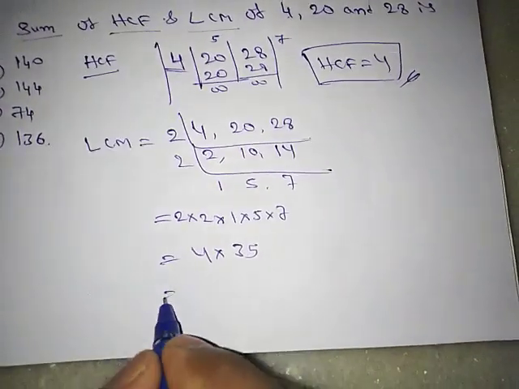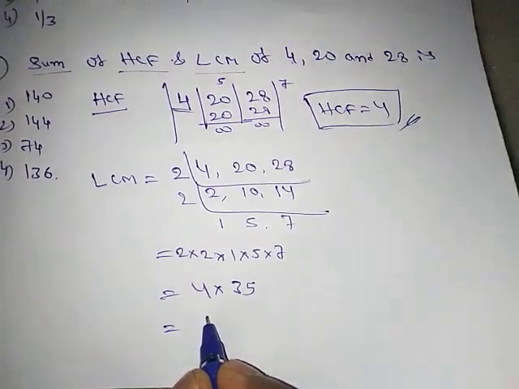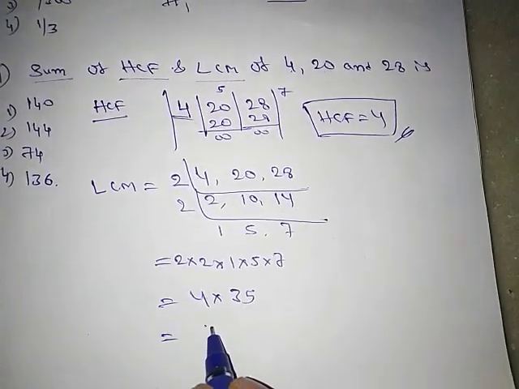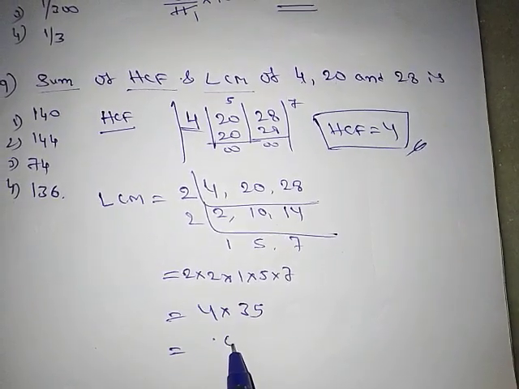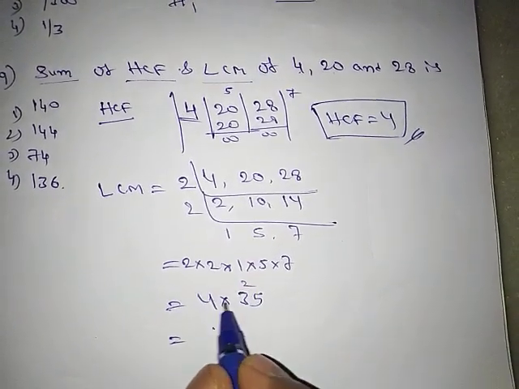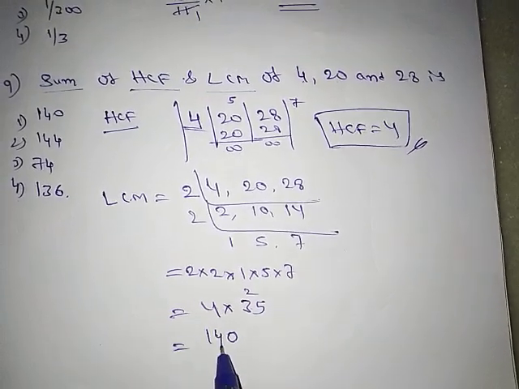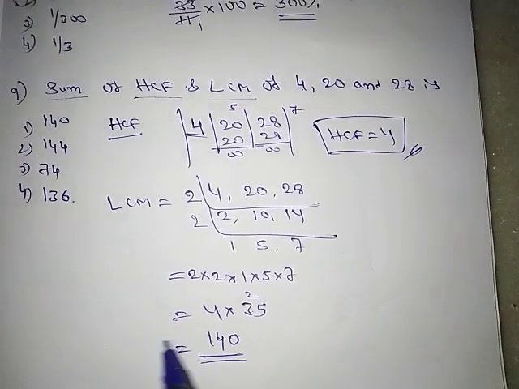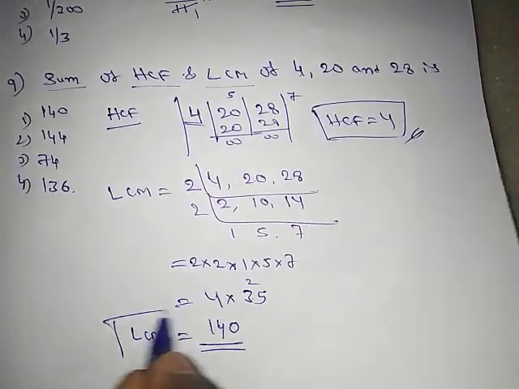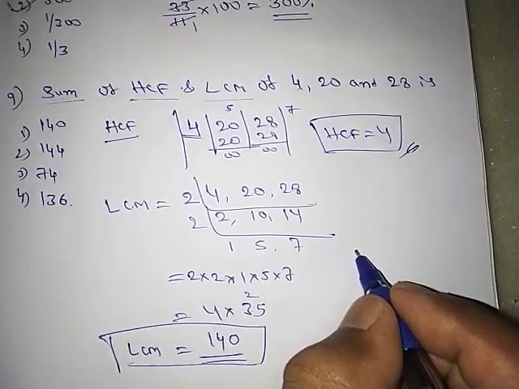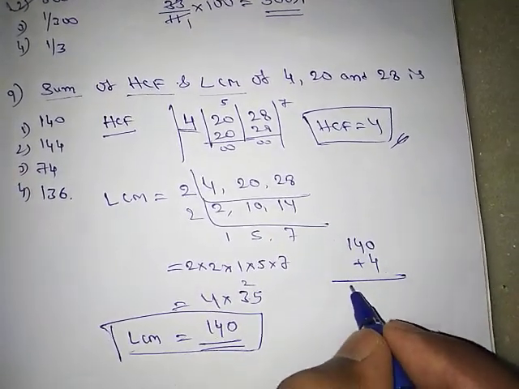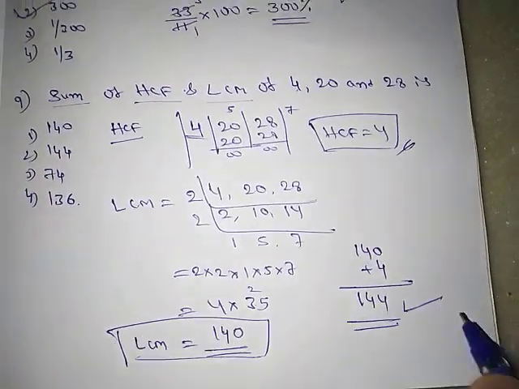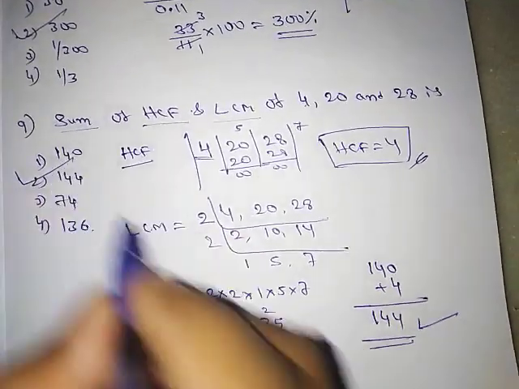So that is 4 into 35. When you multiply these two, 4 5s are 20, that is 140, right? So this is the LCM. So add 140 plus 4, you will get 144. So 144 is in your option 2.